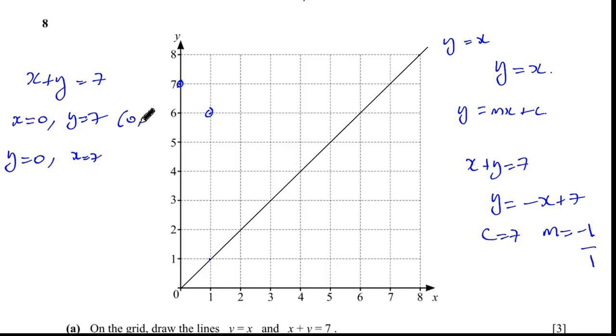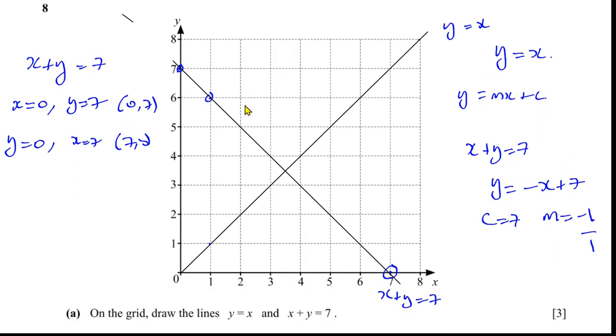So this is the point (0, 7), and this is the point (7, 0). So it goes through these 2 points. That's why I like to do it this way in these types of situations. Okay, and we have our 2 lines drawn. So this is the line x plus y equals 7. Right, so there's the answer to part A.